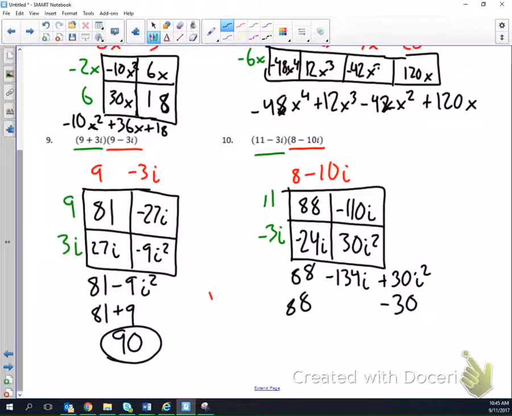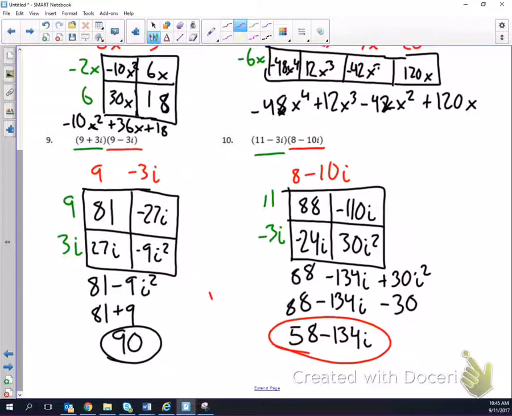And so I can actually do that subtraction. I can take my 88 minus a 30 from it, and I'm going to get 58 minus 134i. And that's as simplified as we are going to get. So this has been your lesson on multiplying polynomials.